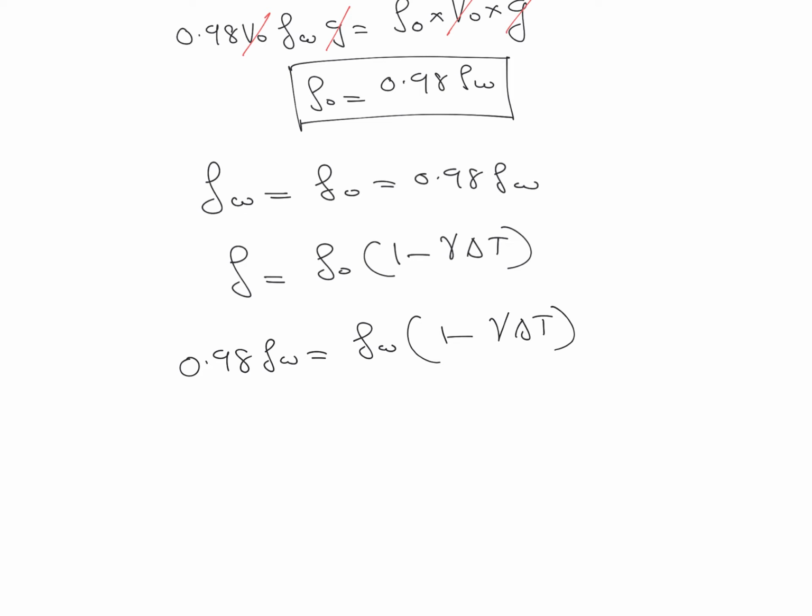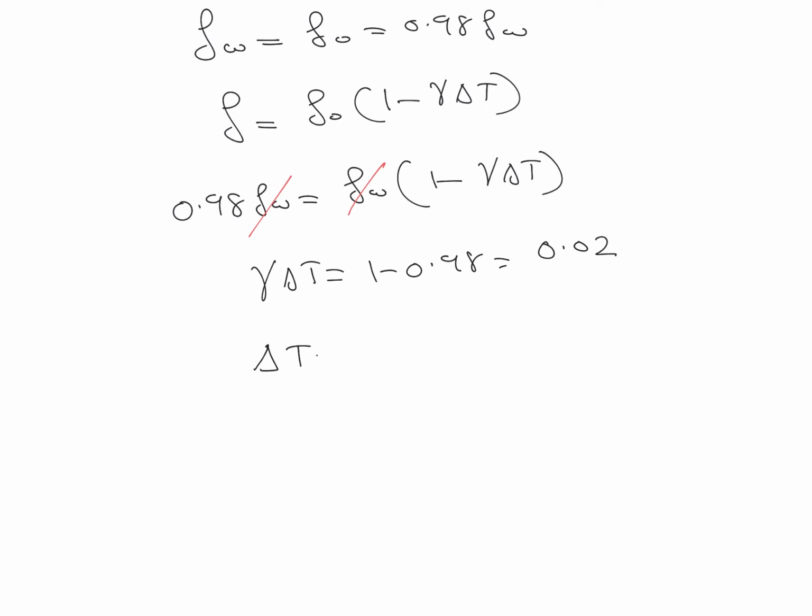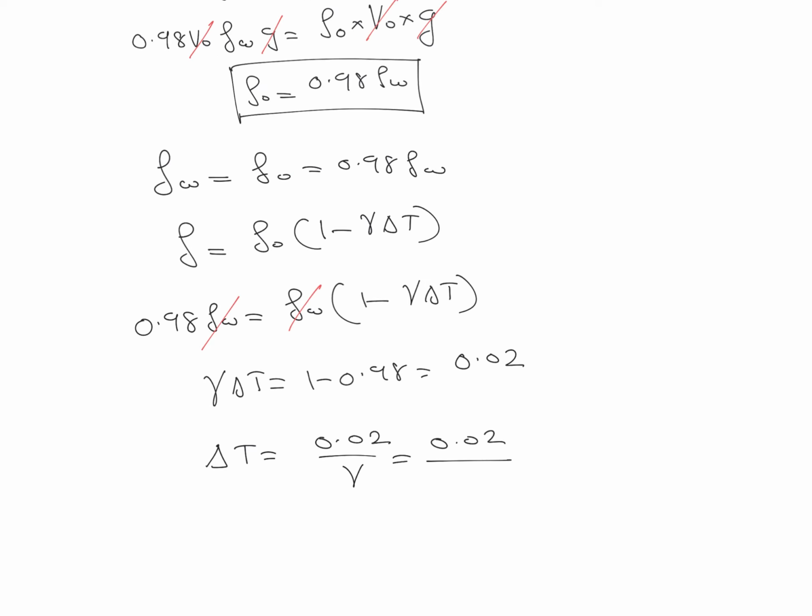The density cancels on both sides, so gamma into delta t is 1 minus 0.98, which is 0.02. So the value of delta t is 0.02 divided by gamma.